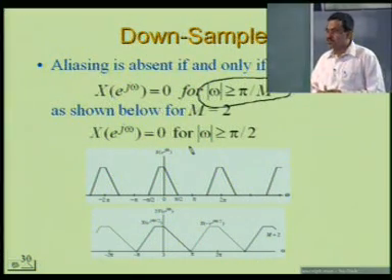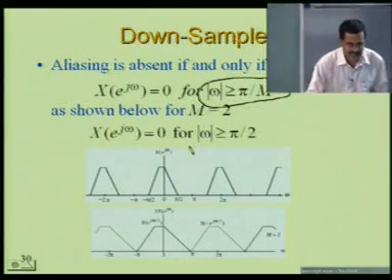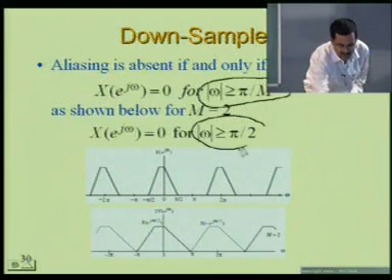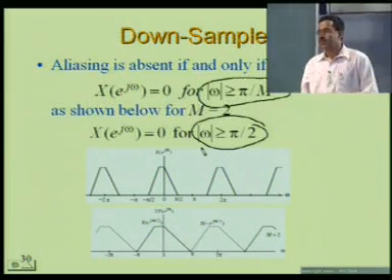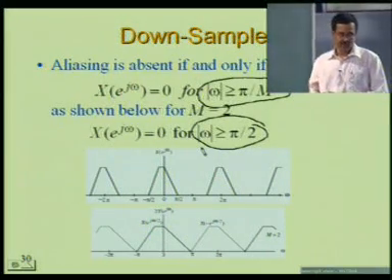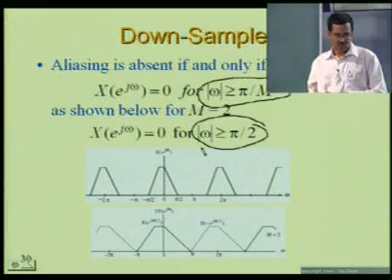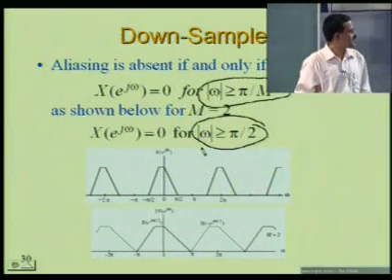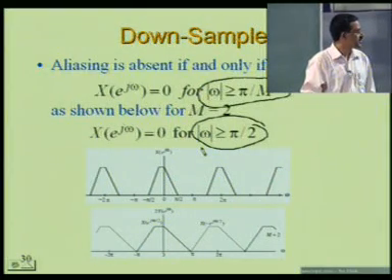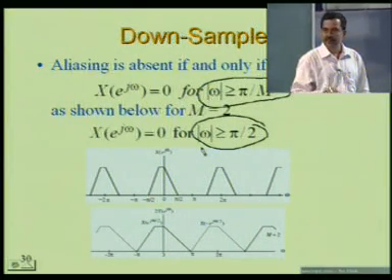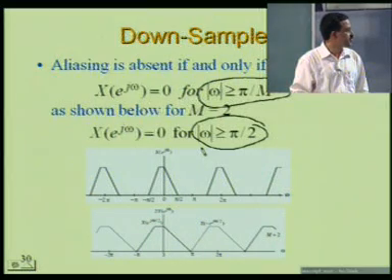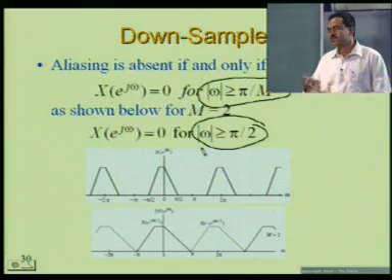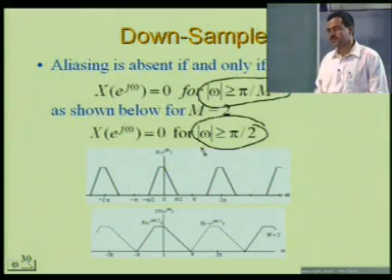When capital M is equal to 2, your X(e^jω) must be equal to 0 for absolute ω greater than or equal to π/2. So, here it is clear that there is no problem of aliasing or overlapping. There is no overlapping between the two successive frequency bands.